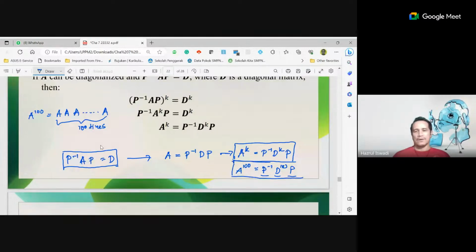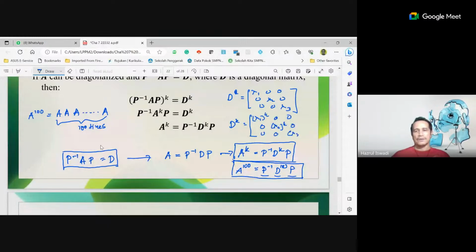So this is the benefit of diagonalization. D is lambda 1, 0, 0, 0, lambda 2, 0, 0, 0, lambda 3. Now, it means that D to the power of k is lambda 1 to the power of k, 0, 0, 0, lambda 2 to the power of k, 0, 0, 0, lambda 3 to the power of k.